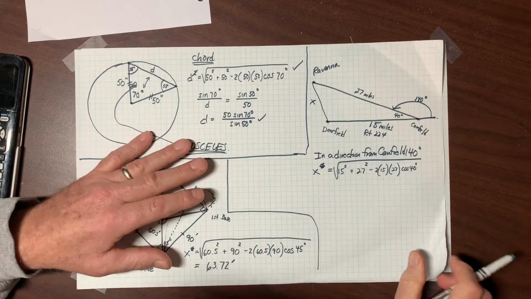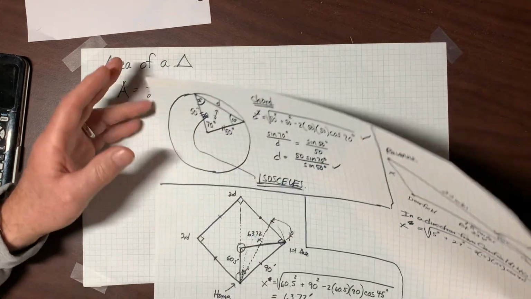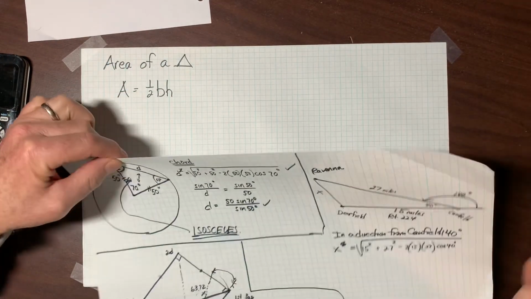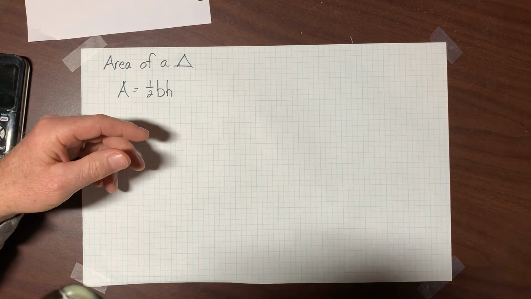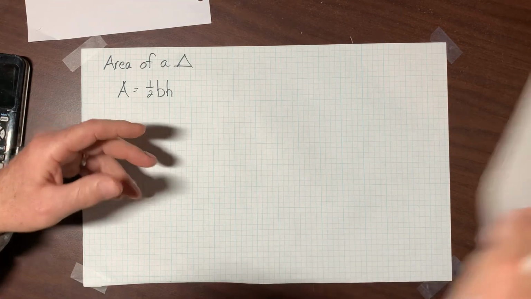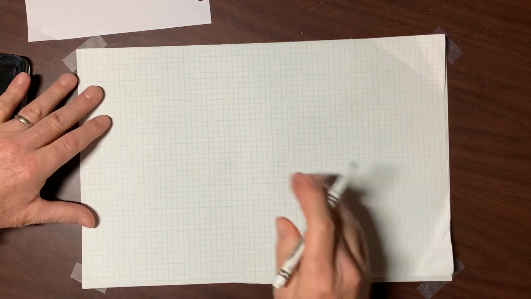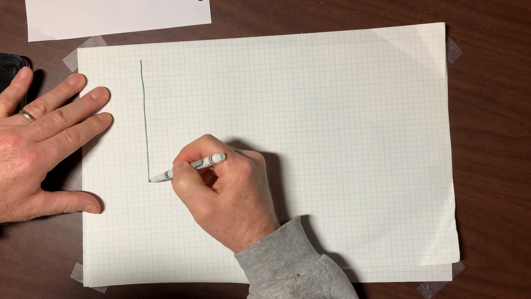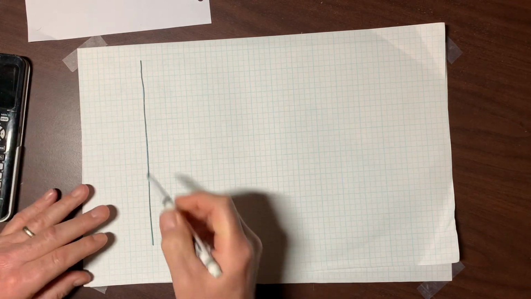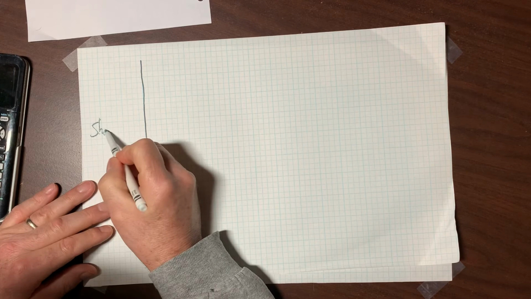You think you could listen for one more problem? Let me give you one more problem here. Let's suppose that this is the shoreline. All right, this is the shore over here.